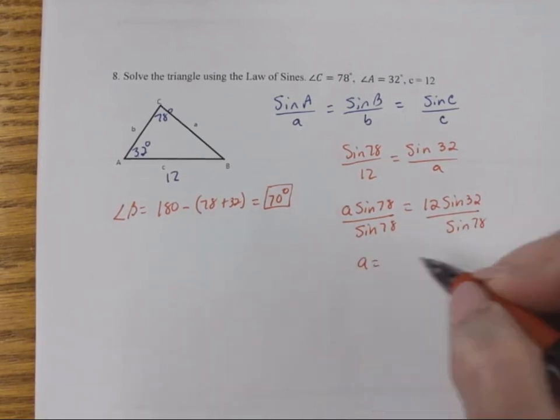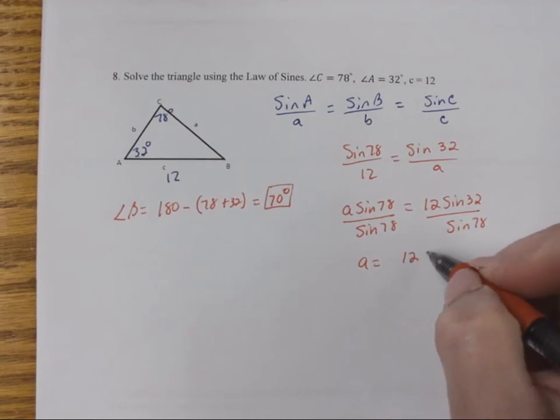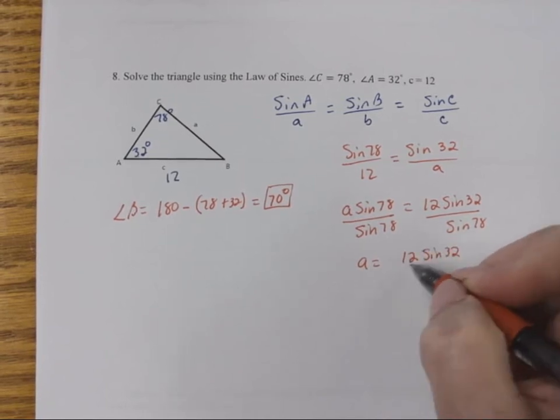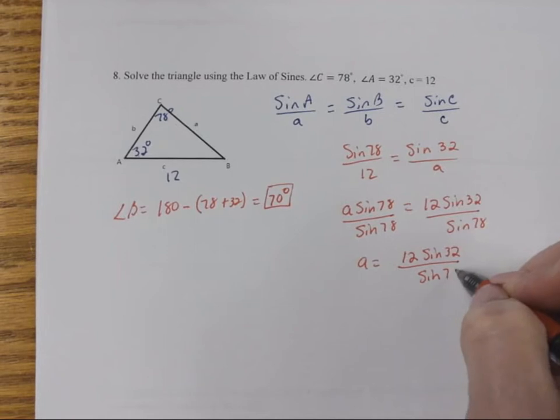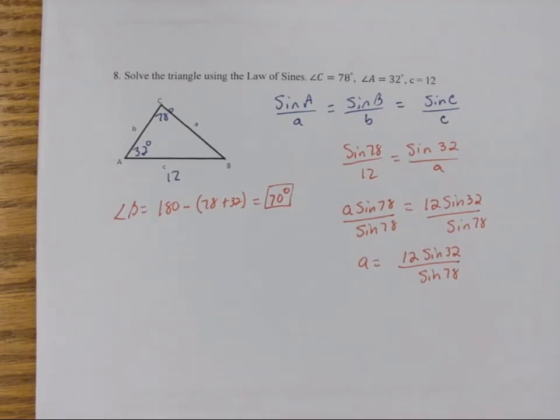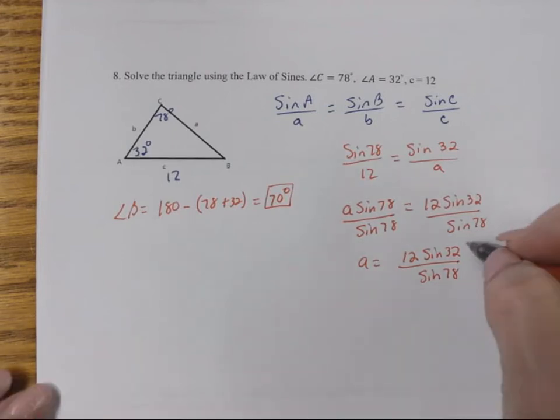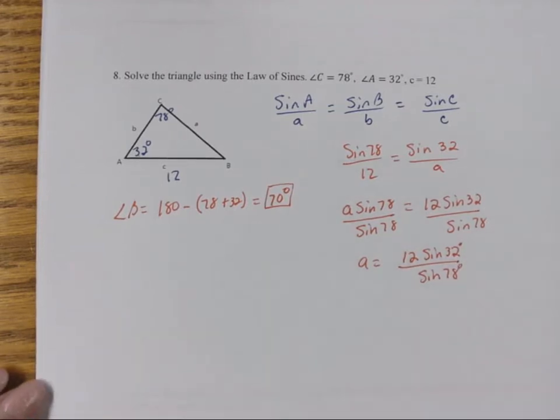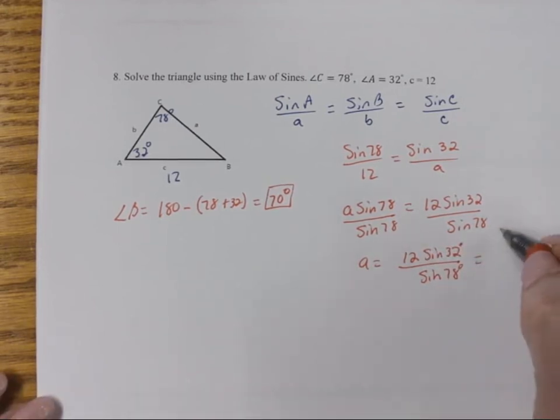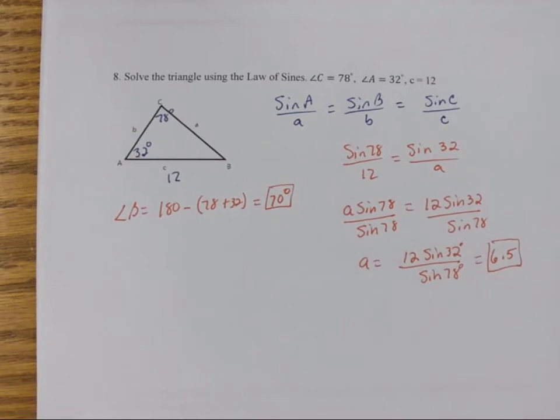And I end up with a is equal to 12 times the sine of 32 over the sine of 78. Now remember, when you're doing these, what mode is your calculator in? Because we are using degrees, make sure it's in degree mode. When you plug this into your calculator, you should end up with 6.5 as your distance of side a.